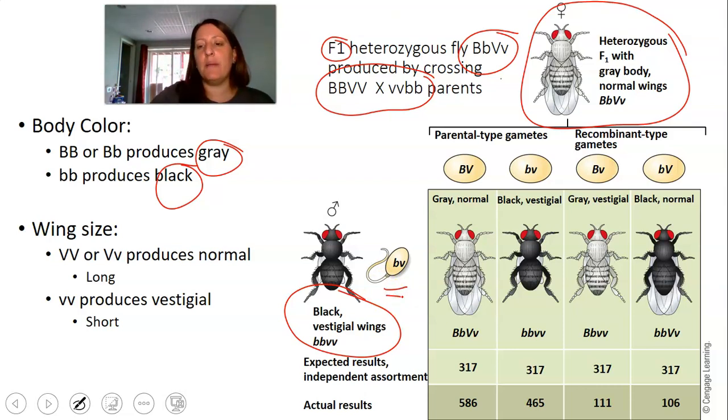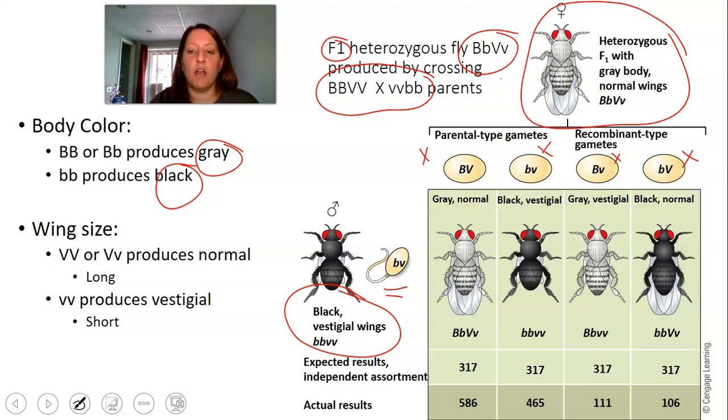And then across the top, you want to do all 4 potential gametes. Okay, they line them up in a specific way here. So we've got big B, big V. We've got big B, little v. We've got little b, big V. And we've got little b, little v. So we've got all 4 potential types there. So now we do these studies.